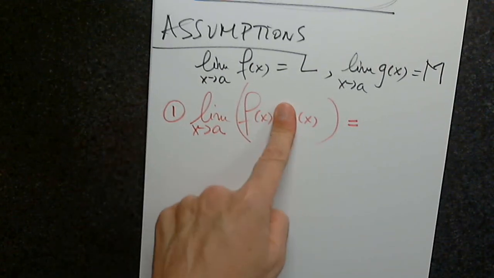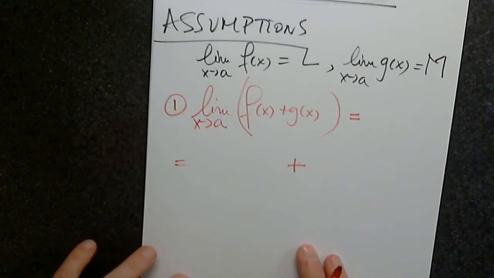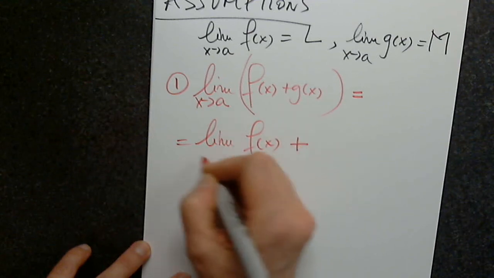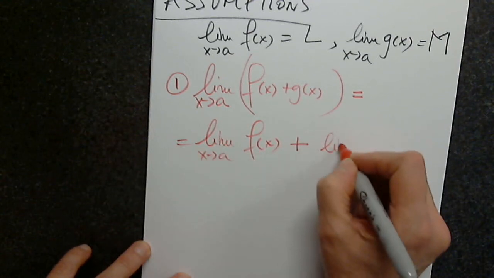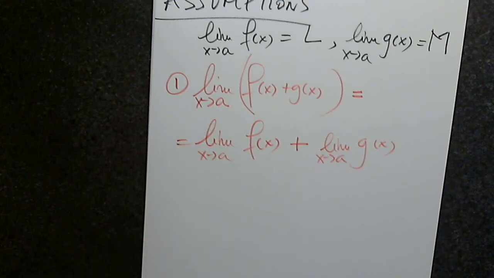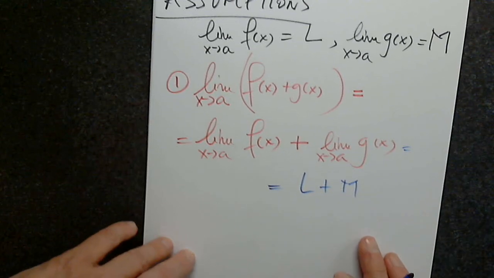The limit of a sum is the sum of limits, of course. With only one condition: as long as these limits exist. Otherwise, you cannot break it up. So then, if that's the case, the final answer is L plus m.